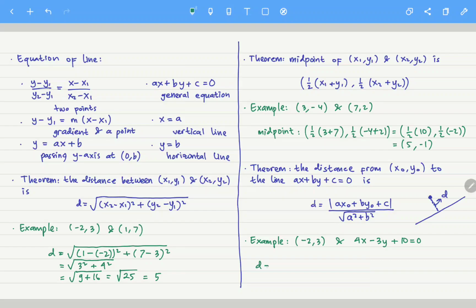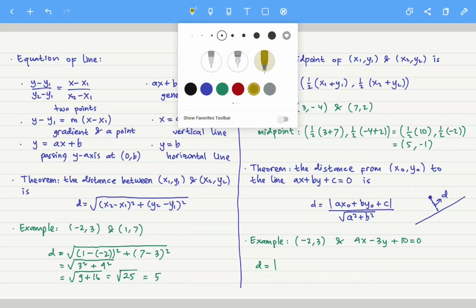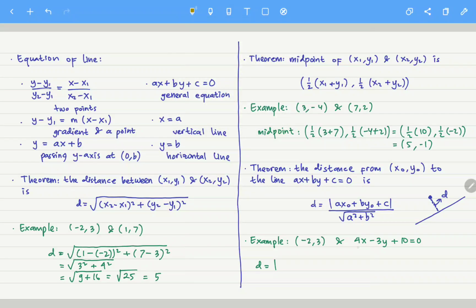So for the value of d, we can use the formula. This is A, this is B, this is C, this is x0, this is y0.